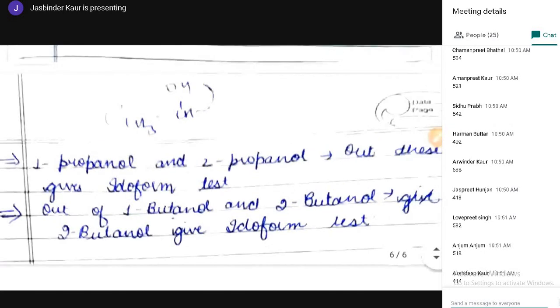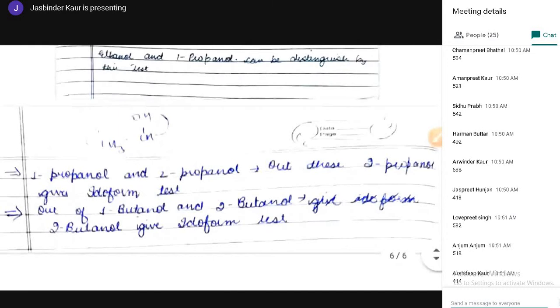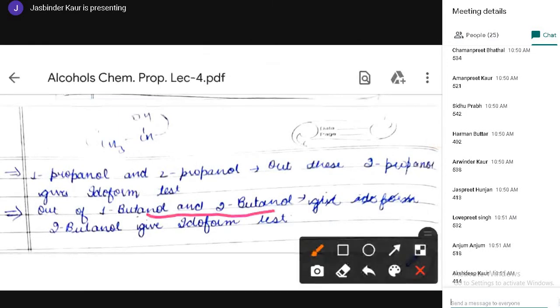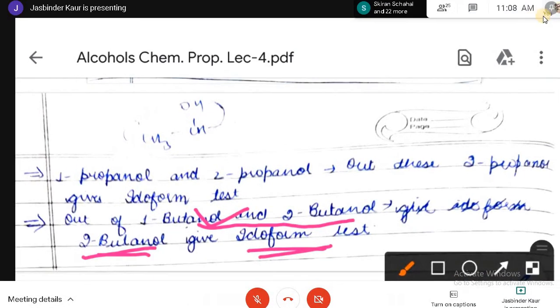So the compounds that can be distinguished are 1-butanol and 2-butanol, out of which 2-butanol will give the iodoform test, while 1-butanol will not give.